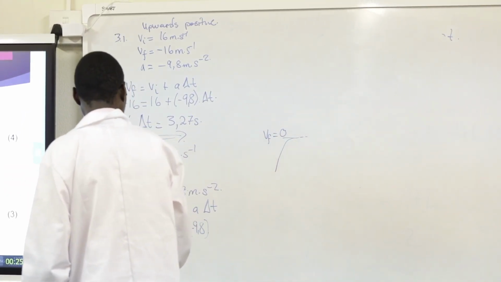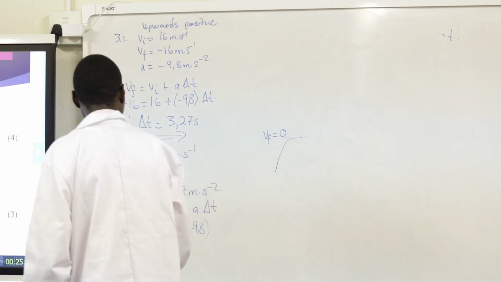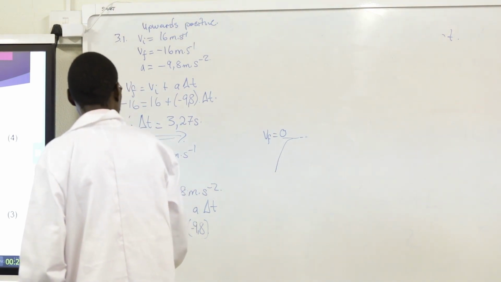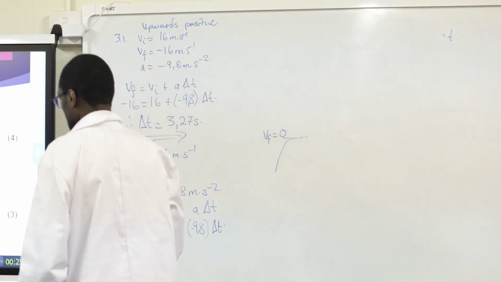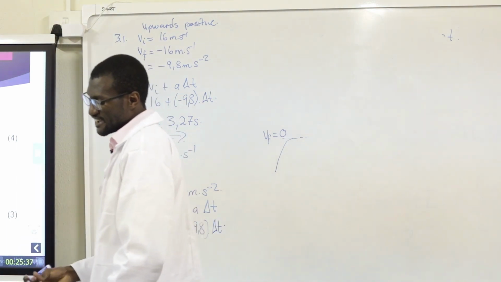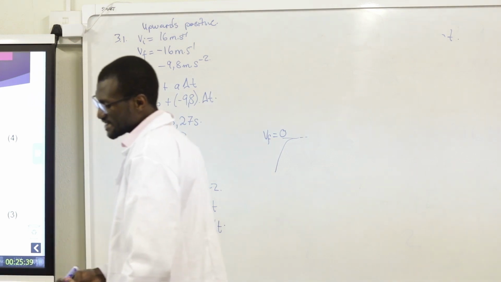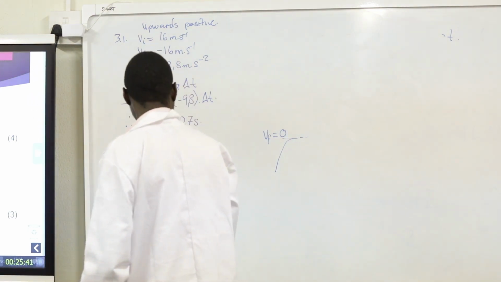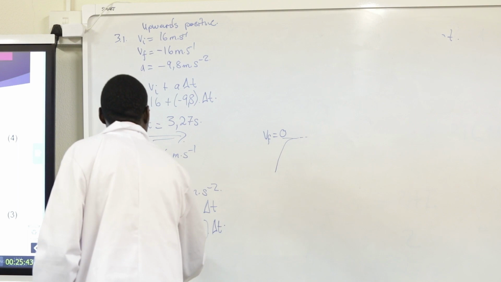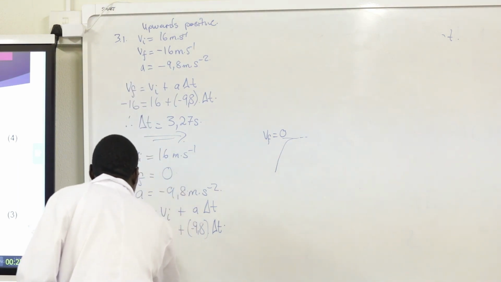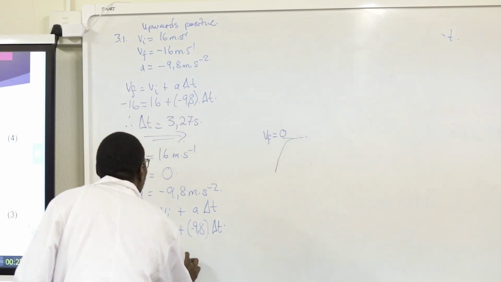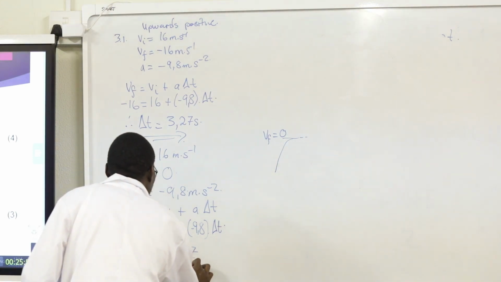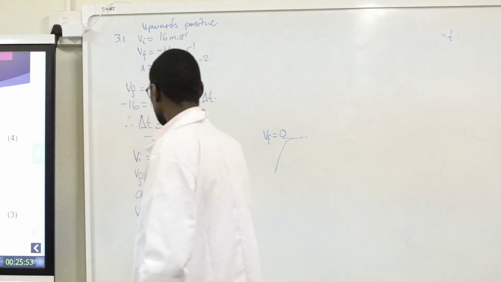So 0 is equal to 16 plus negative 9.8 times change in t. Okay? For this particular example, one can find out that the change in t will be 3.27 over 2. All right?